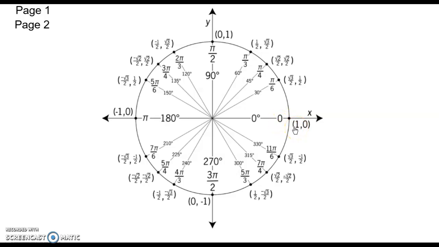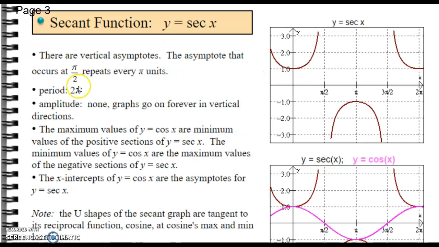So the reciprocals of these are going to be 1, undefined, -1, undefined, and back at 1. So it will look very similar to cosecant. It's just that our asymptotes will be in different places based on the cosine function.